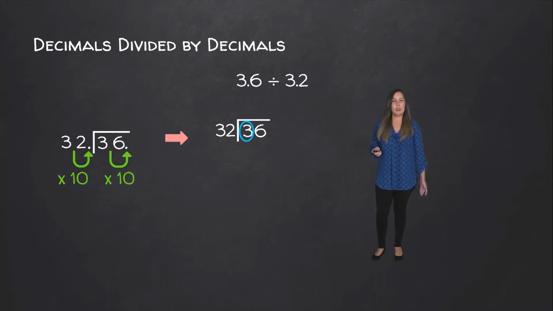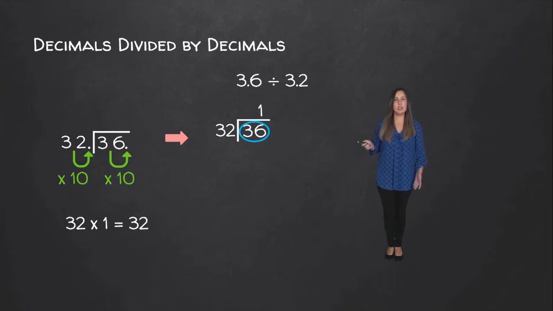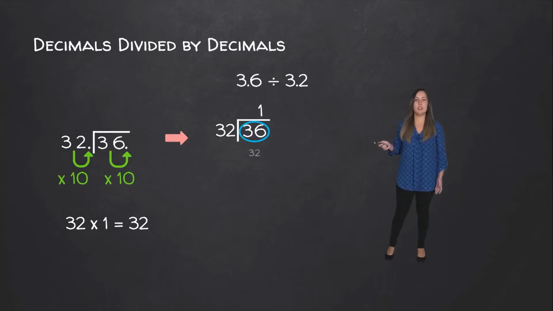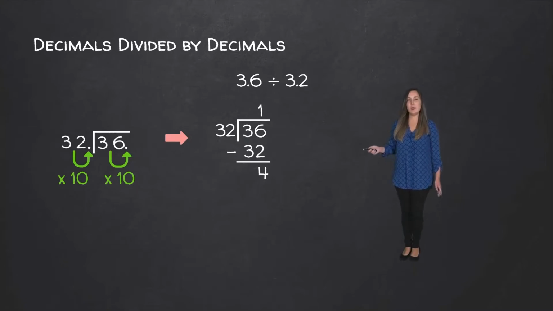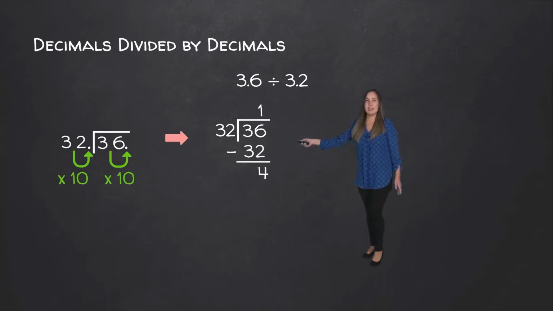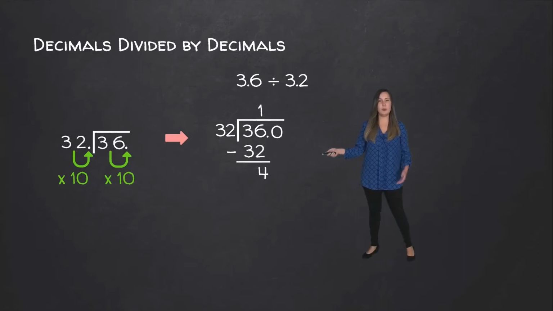So 32 does not go into 3, but 32 does go into 36 one time. That's because 32 times 1 is equal to 32. And then we subtract. 36 minus 32 is equal to 4. Now, since we have a remainder, we're going to add a decimal point at the end and add a 0 and keep going and see what we get.